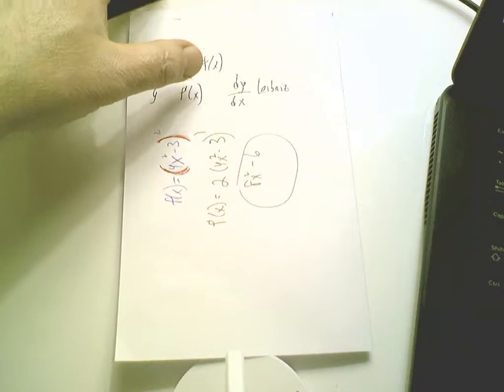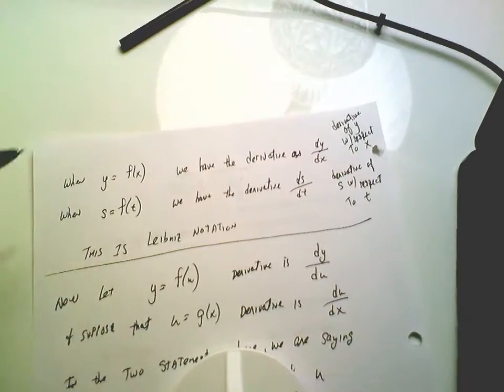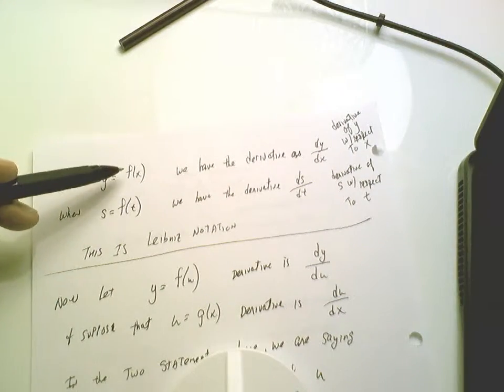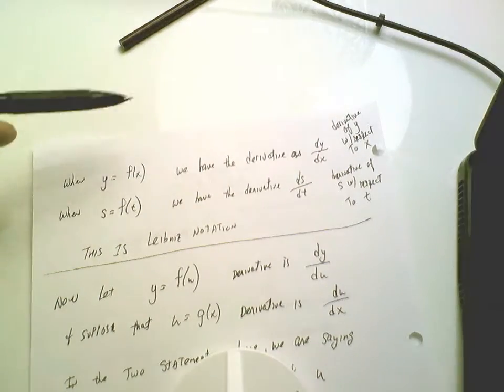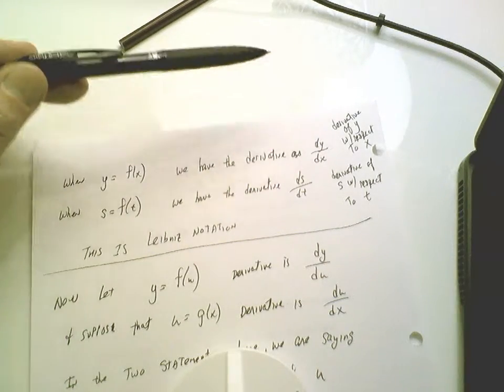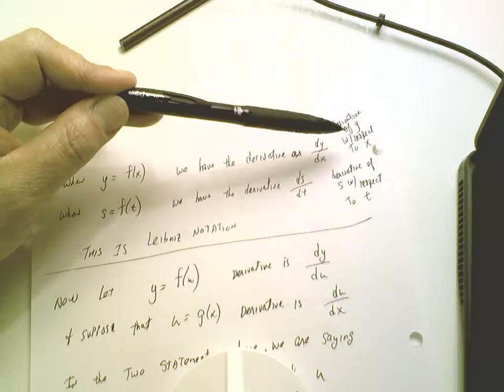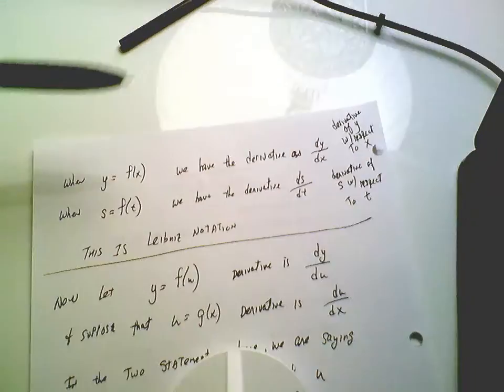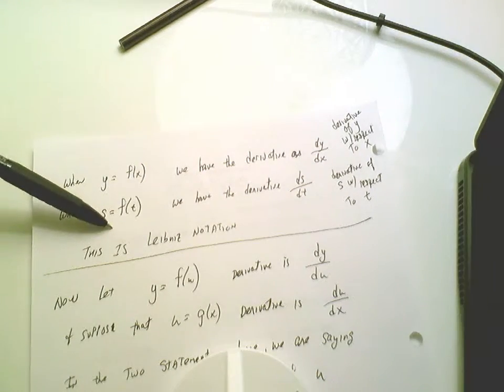So let's take a look at using Leibniz notation to help walk our way through the chain rule. So take a look at the following. When y equals f of x, just a function, y as a function of x, we have a derivative as dy dx. And we would say that is the derivative of y with respect to x. When s equals f of t, hey, there's just a different function.